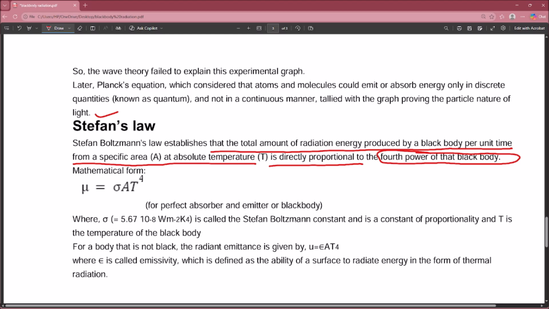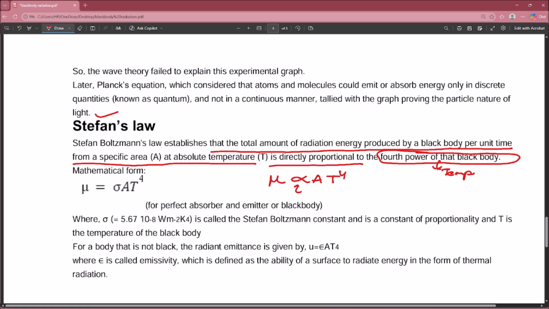That means if U is the energy radiated per unit time from a specific area, it is directly proportional to the area as well as the fourth power of the temperature.